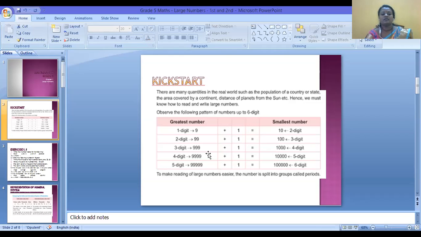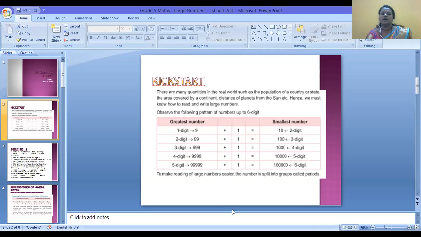The greatest three digit number is 999. When 1 is added to this number, we get 1000, which is again the smallest four digit number. The greatest four digit number, 9999, when added with 1, gives 10,000, which is the smallest five digit number.